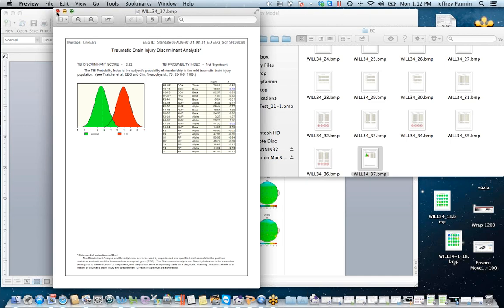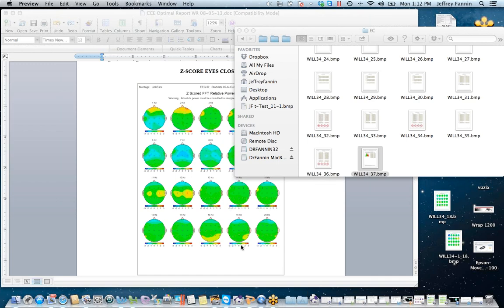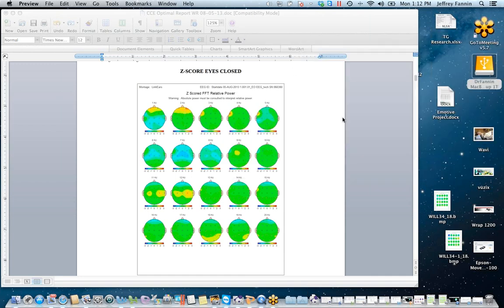Even though there is a little bit of residue, we'll look at that T3F5 area, which is located right here. It'd be this area right here that may have some relationship to that.